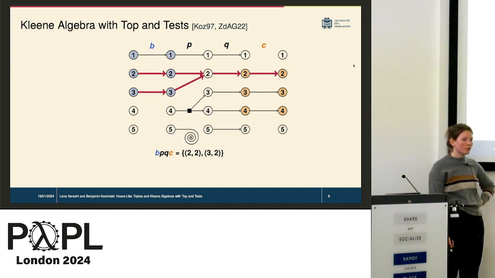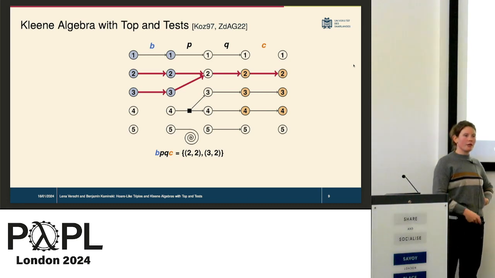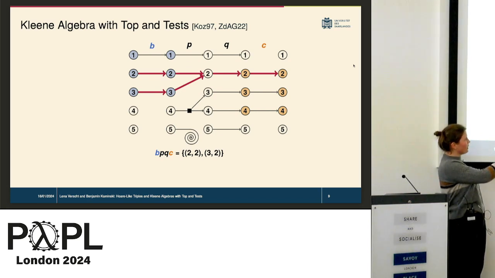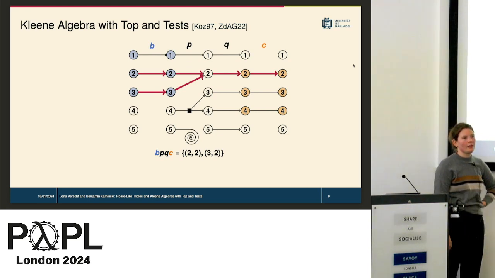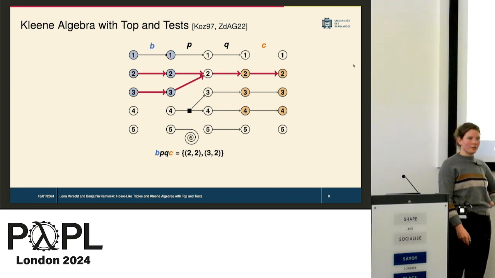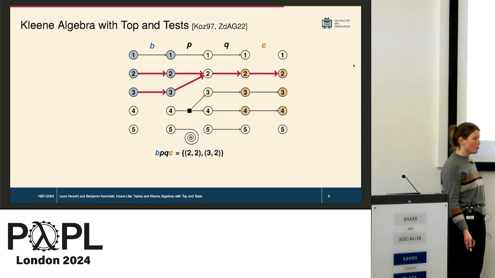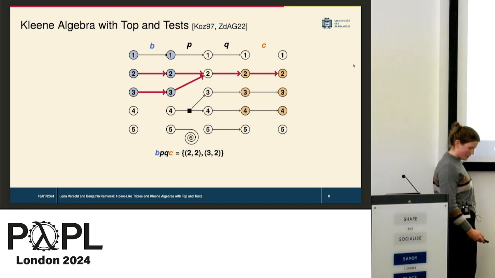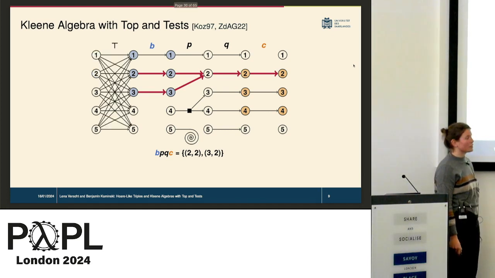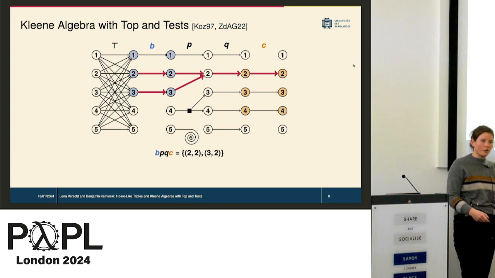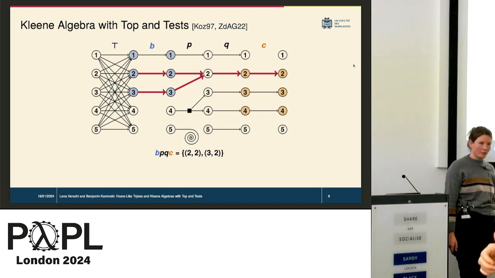Now for incorrectness, for example, we are interested in comparing only the final states of such expressions. And this is not possible in Kleene algebra with tests, but what can we do? We can add a top element, which in the relational setting is just the universal relation, relating everything with everything.